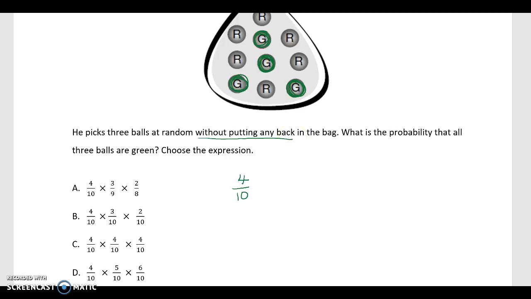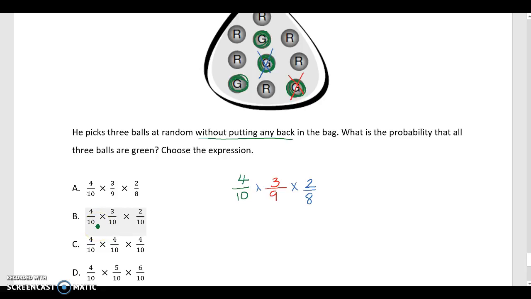Okay, so we took them out. We didn't put it back, so we took out a green one. So now there's how many green? 1, 2, 3 green. And we took one out, so the total went down by 1. Then the second one, we left that one out, so there's 2 green left. And my total went down again to 8. So I'm going to multiply those 3.